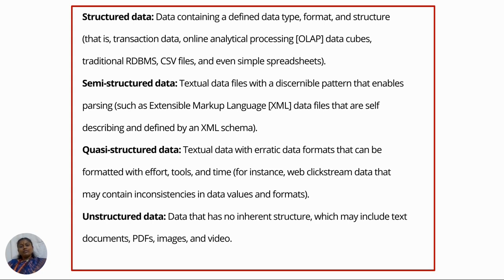You can have your own tags. Then quasi-structured data: the format of information comes from different kinds of tools with different timestamps available. And finally we have unstructured data. Unstructured data includes text documents, PDF files, images, and all kinds of social media network databases as some of the examples.